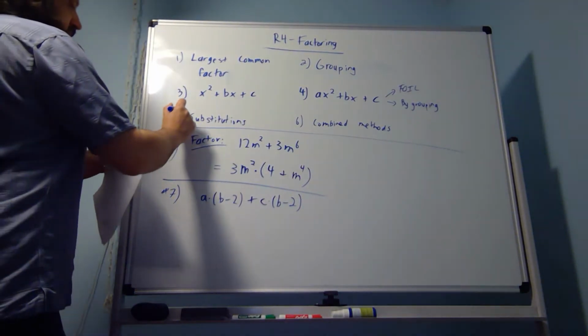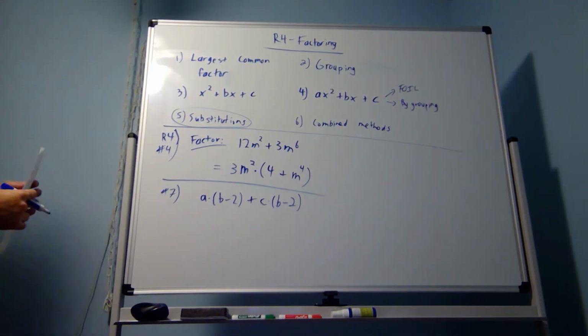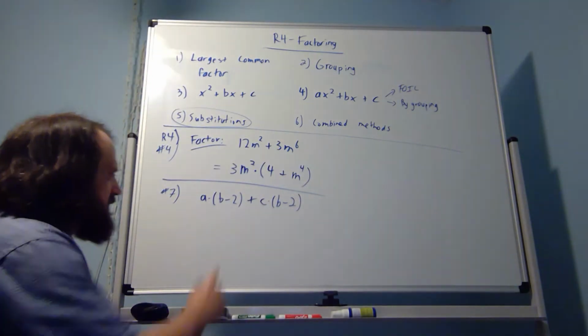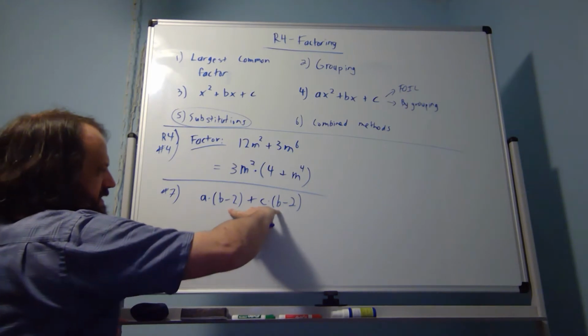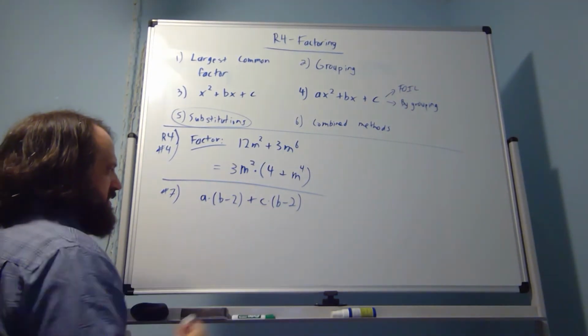Actually, the book doesn't include a separate section on this, but under the hood, the way I think about it is as a substitution. So what I'm saying here is that both of these have something in common, and the thing that they have in common is a really noisy expression with multiple terms.